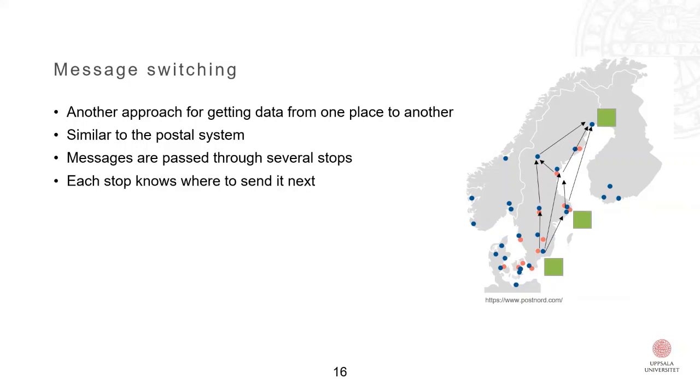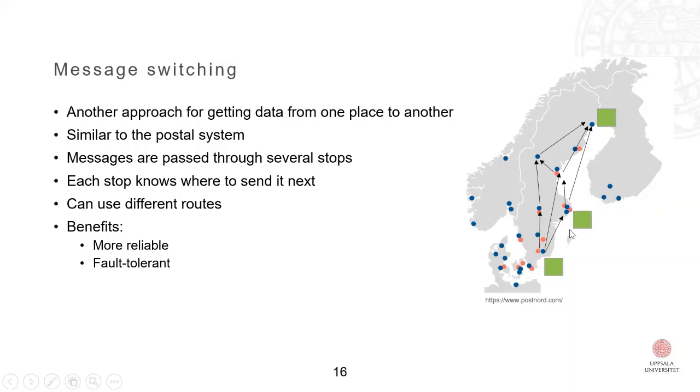So at each stop, it is clear where to send the package, the message or the parcel, next. And different routes are possible. The benefit is that it's more reliable. For example, imagine some of the terminals happen to have some sort of problem, then the message can go through another way. This same principle is used in routing.